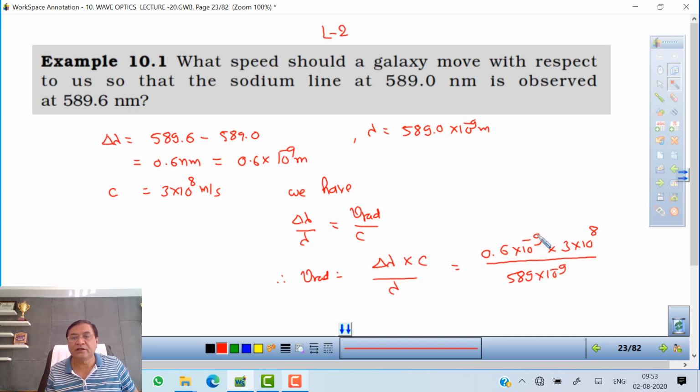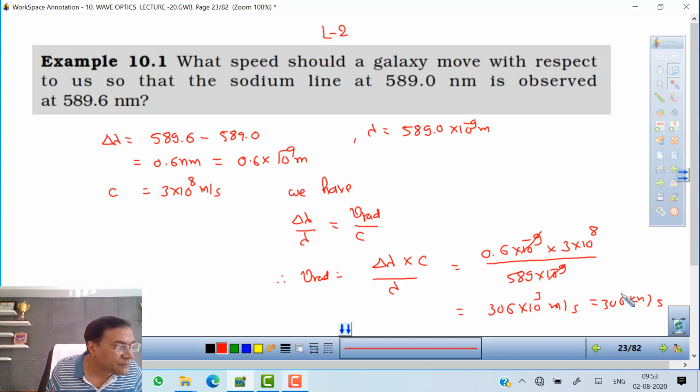Here, it is fine not to convert because it is a ratio. So you simplify this, so that comes out to be 306 into 10 raised to 3 meter per second. It means that 306 kilometer per second.